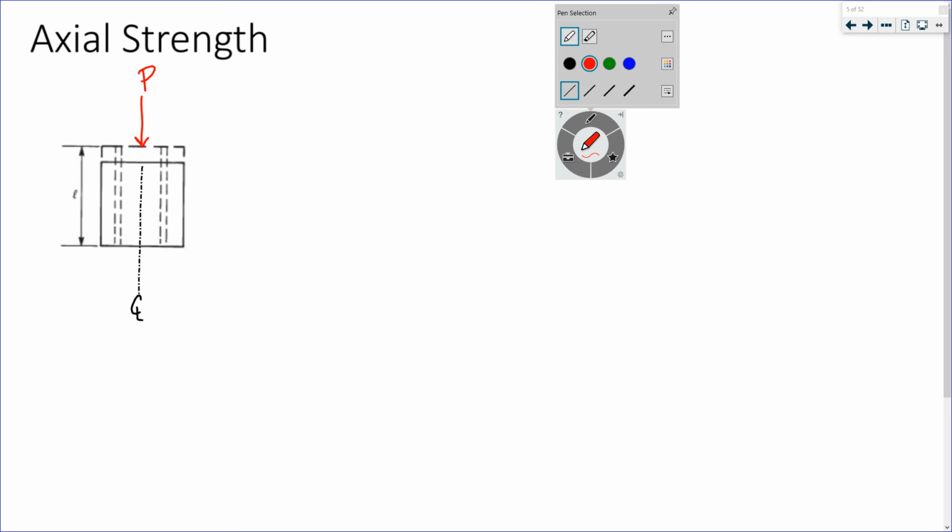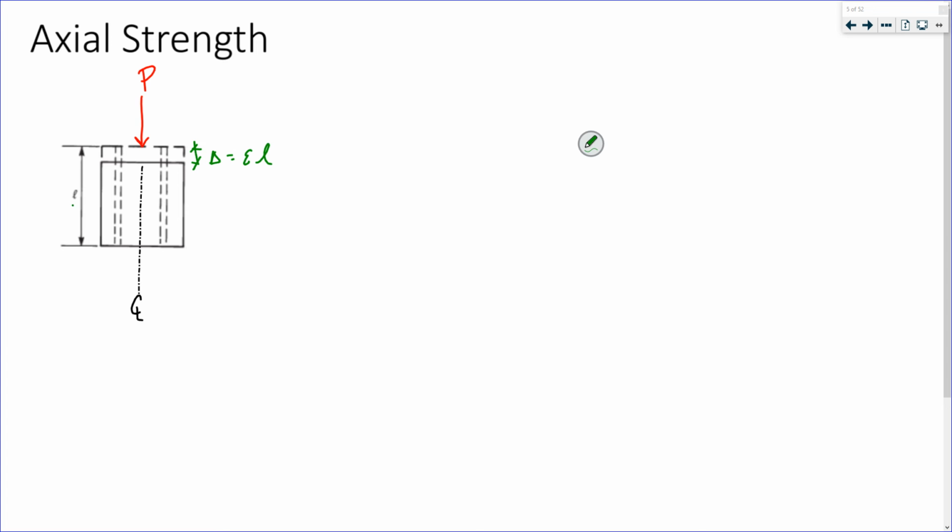That axial load causes a deflection, delta, which is equal to the strain times the length of your column.